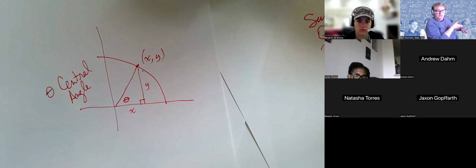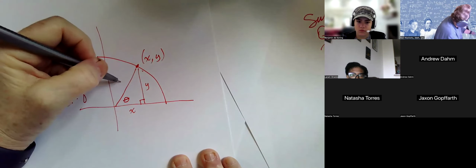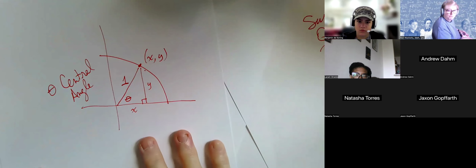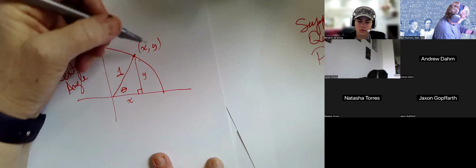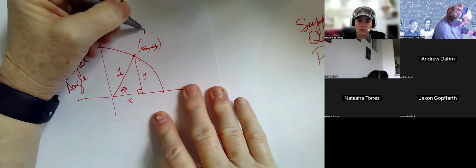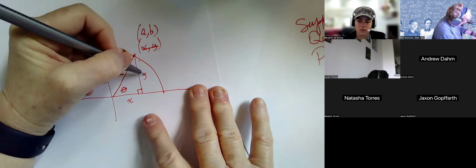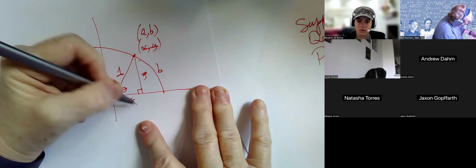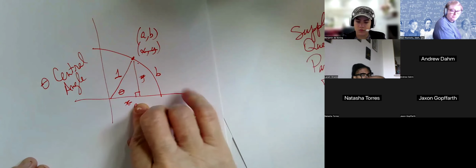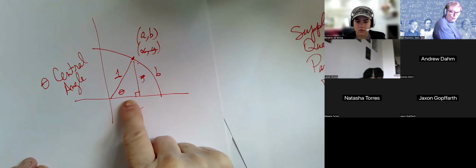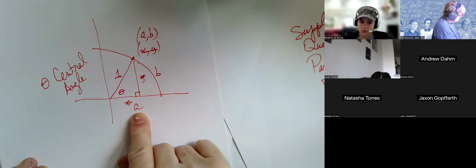What identifies a triangle as being a right triangle in the unit circle? The hypotenuse is one. Good. So we've got this triangle, and actually, let's let this be a and b so we don't get confused with lots of x's and y's. So let's let the vertical length be b and the horizontal length be a.